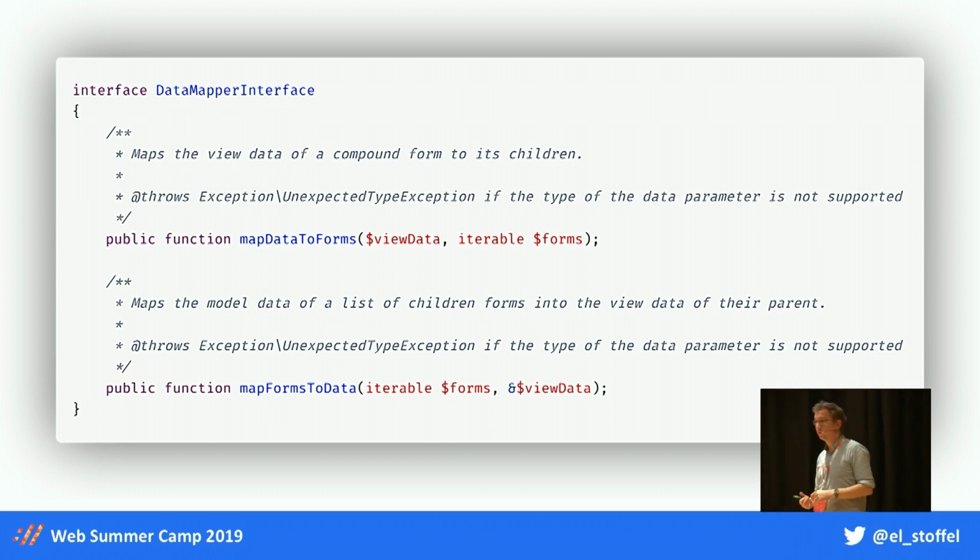And there are two methods. One is mapDataToForms, where you have the data object and the form object, and you have to get the data and give it to the forms. And the other way around, we have mapFormsToData, where we get the submitted form and we have to give the new data or inject the new data in the data object.